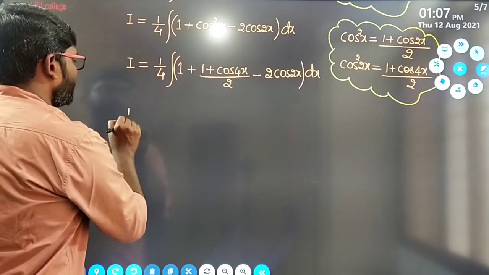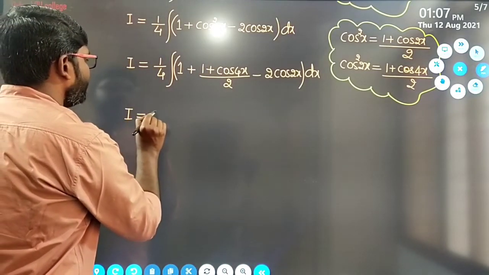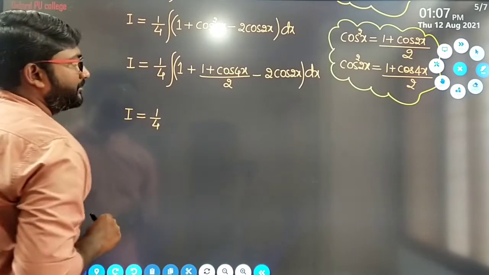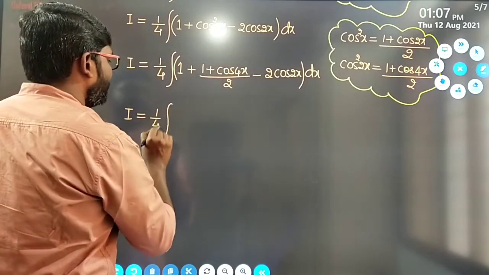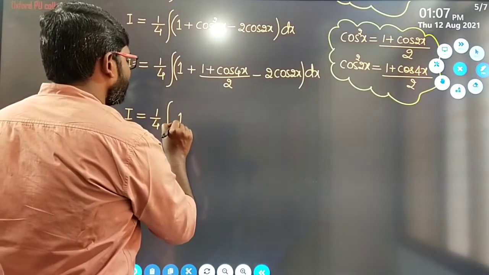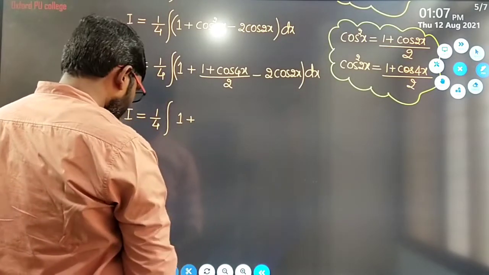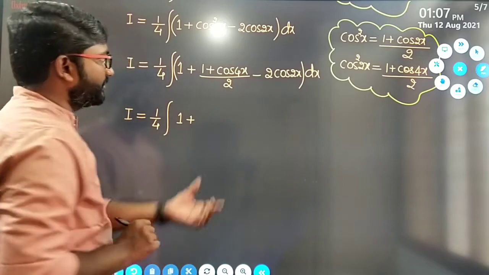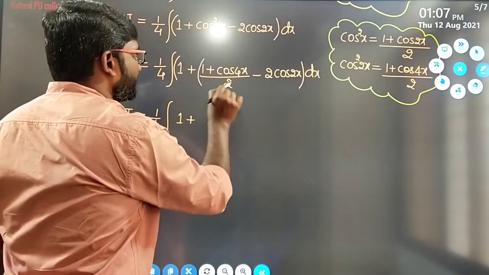So I, which is equal to 1 by 4 as it is, then integral of 1, write it as it is, plus, here split the numerator into two terms. I am considering only this term.